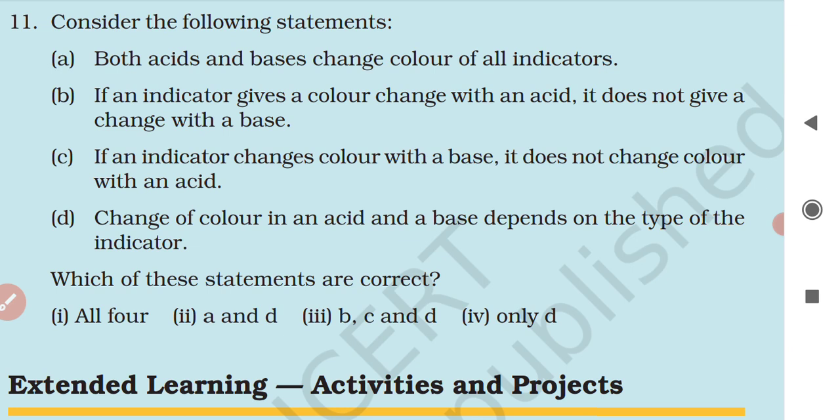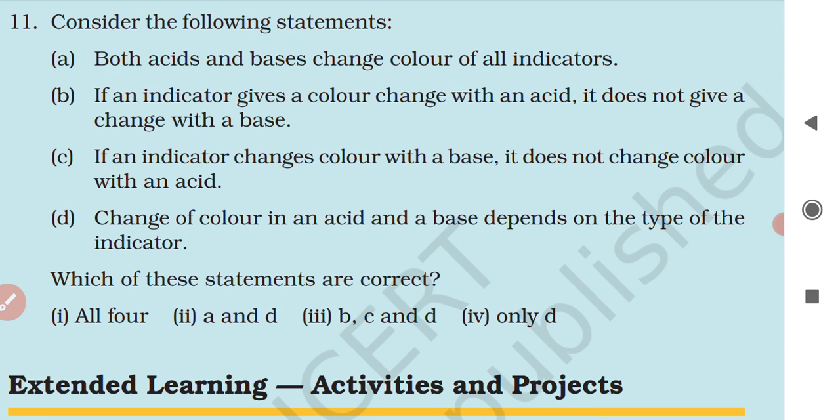Statement A. What is given in statement A? Both acids and bases change color of all indicators. Both acids and bases can change the color of all the indicators, whether you take red litmus paper, blue litmus paper, turmeric indicator, China rose petals, or phenolphthalein. Can both acids and bases change the color of all the indicators? No, they cannot.